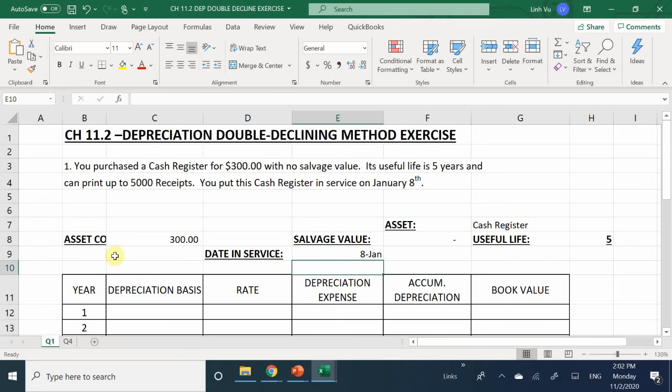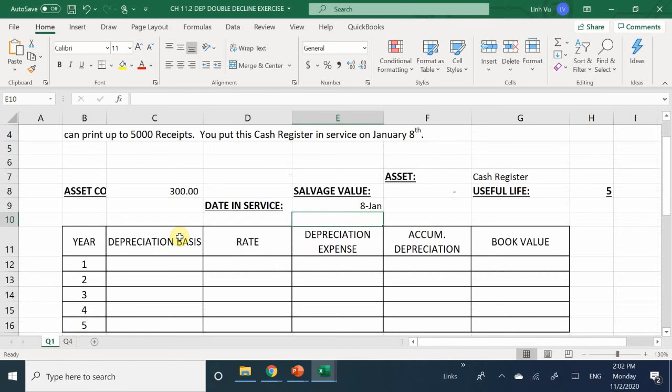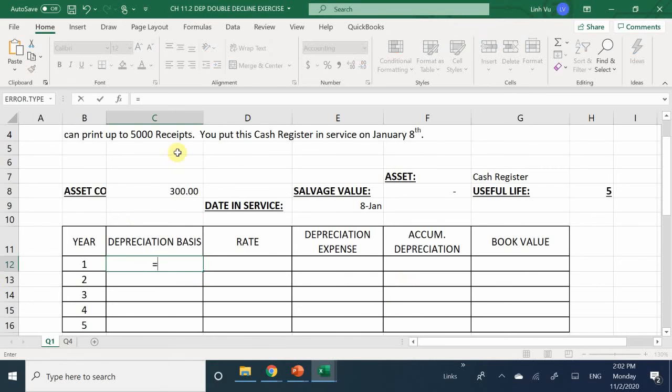So assuming that the year is going to end December 31st, that means we're going to depreciate for the full year. Is that correct? Yeah. Okay, so let's get started. What's my depreciation basis for year 1? $300.